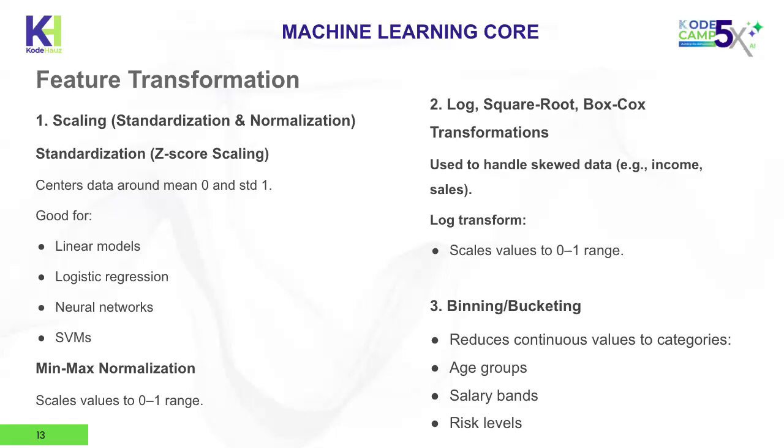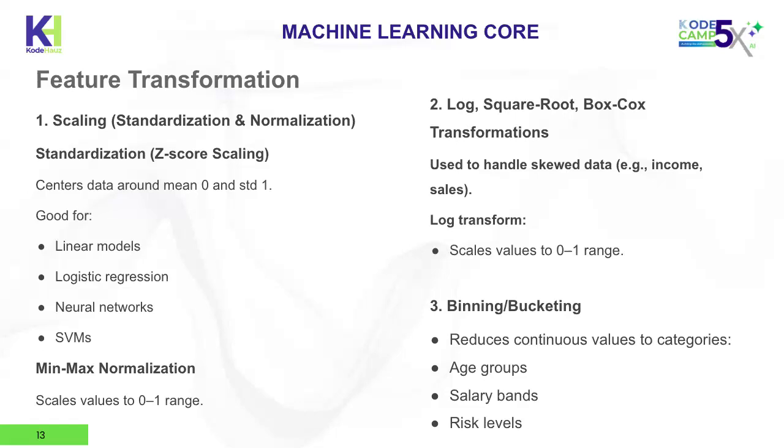Then we have the min-max normalization. In this one, you are scaling the values to a range of 0 to 1, so the lowest value is going to be 0 and the highest value is going to be 1. It's not centered around 0.